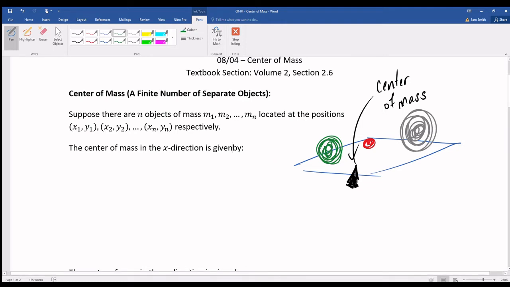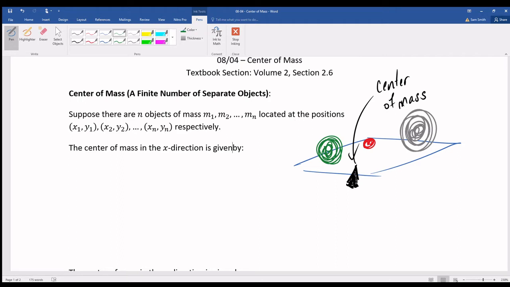Imagine that I am, for example, a server at a restaurant, and I'm carrying a platter, and on the platter are all kinds of different glasses filled with drinks and plates with food on them. Where should I put my hand relative on this platter so that the platter is balanced on my hand? That position where I would put my hand to balance the platter is called the platter's center of mass.